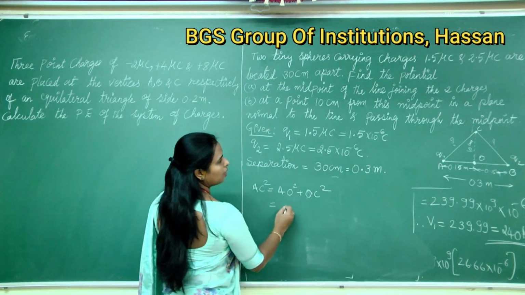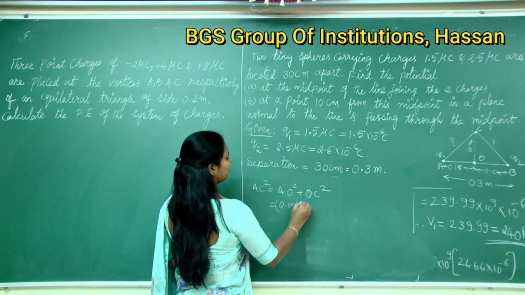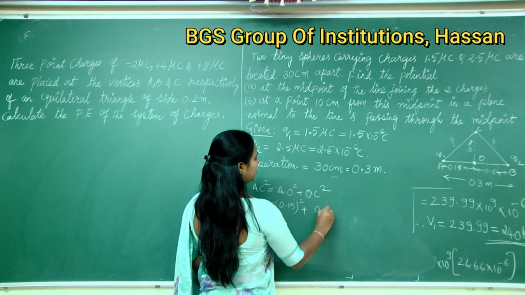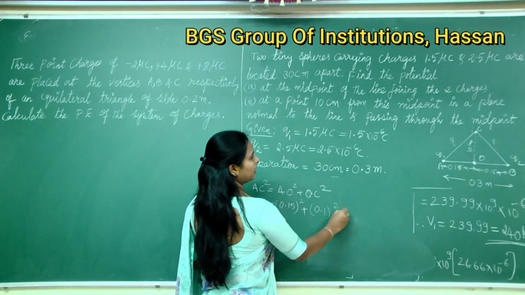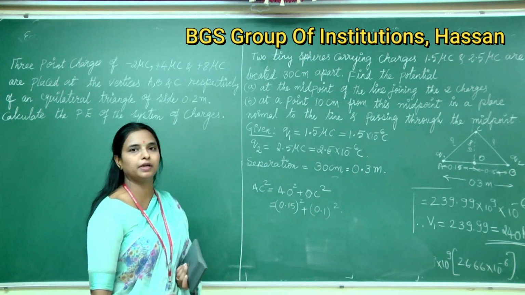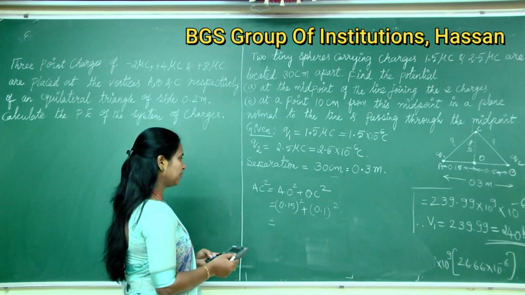And what is the value of AO square? This is 0.15 square plus 0.1 square, because 10 centimeter, when you convert it into meter, it will be 0.1 square. And calculate the value.